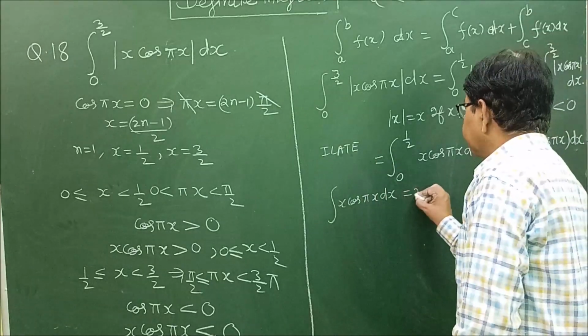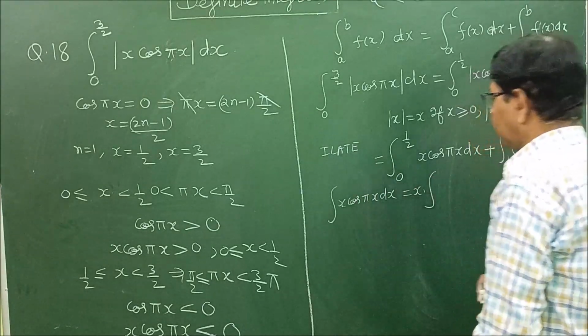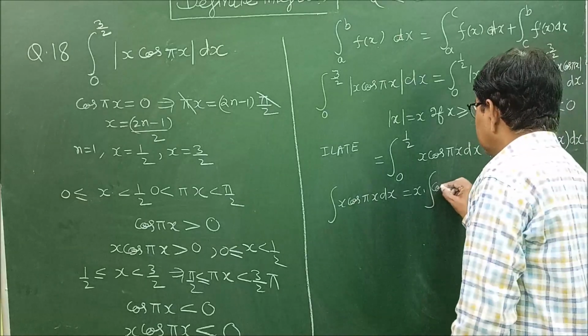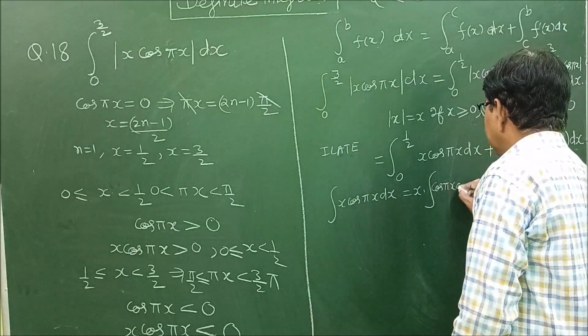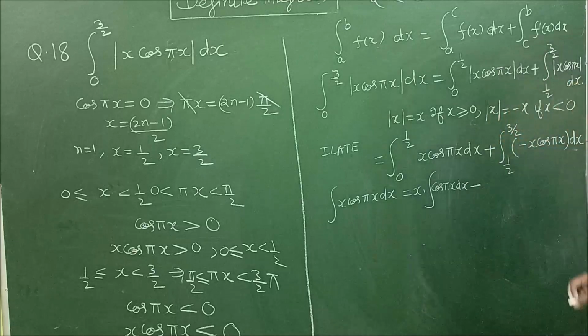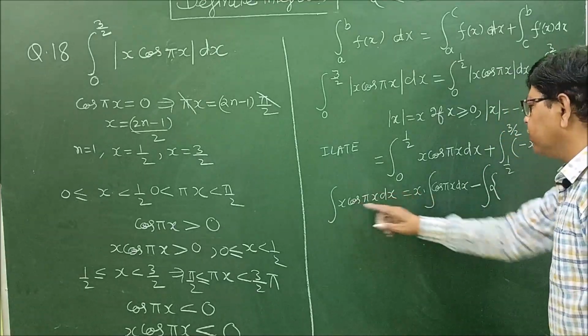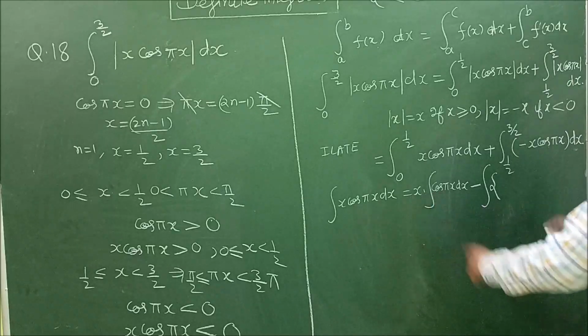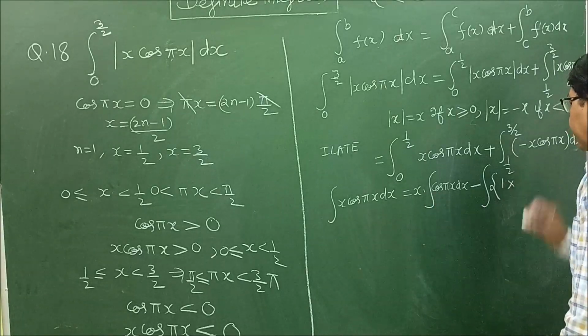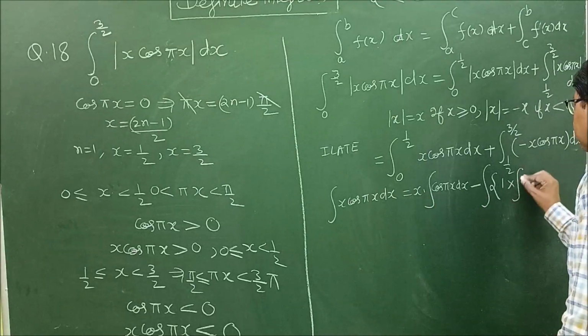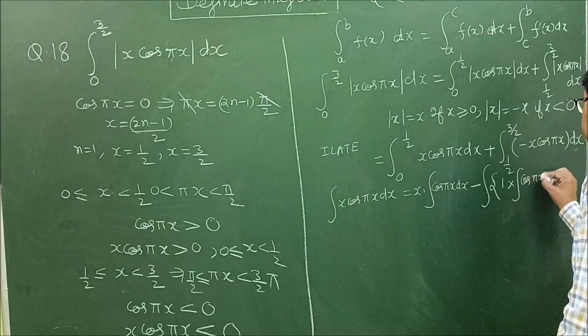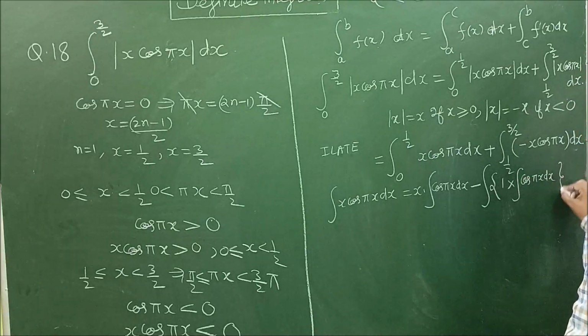Using that, first function into integration of second function cos pi x dx, minus integration of differentiation of the first function, that is d/dx of x, which is equal to 1, into integration of second function cos pi x dx, and the whole integral.